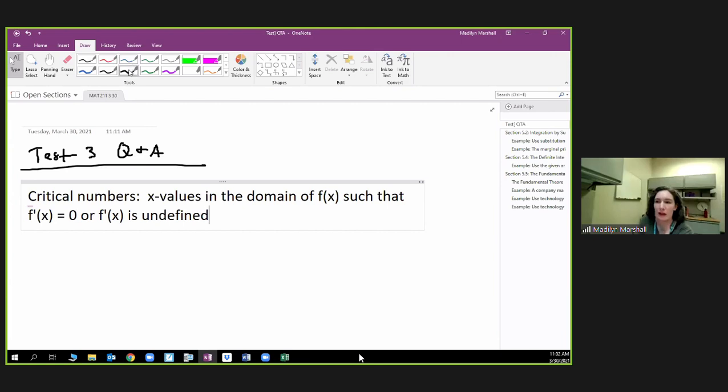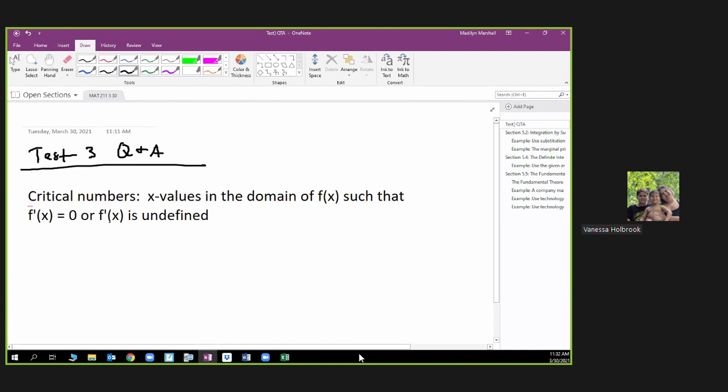So critical numbers don't actually have anything to do with whether the function is concave up or concave down, because concavity depends on the second derivative, and critical numbers are only the first derivative.